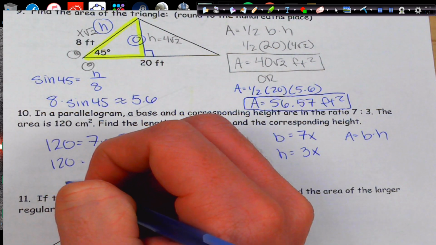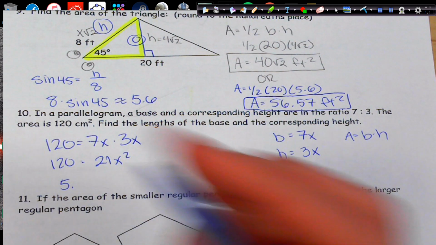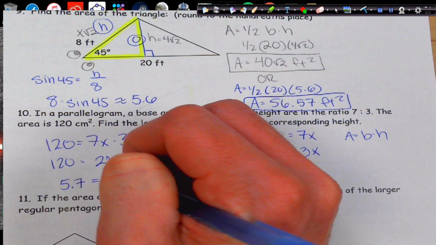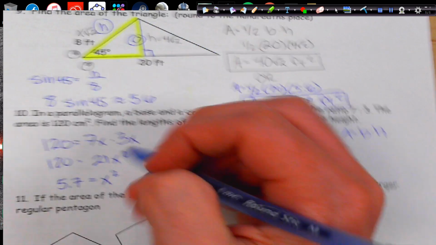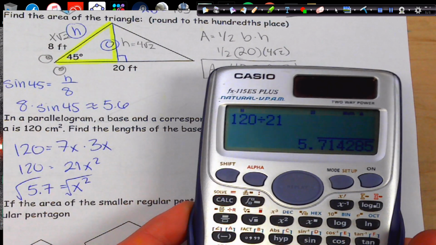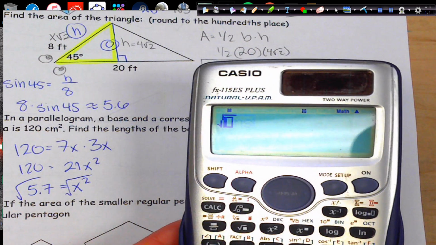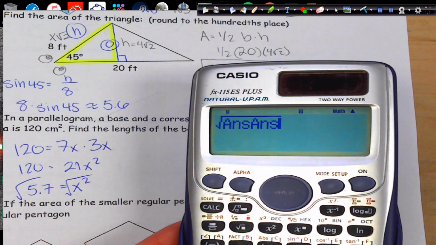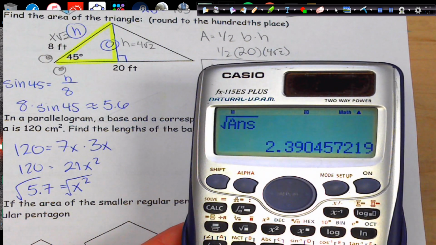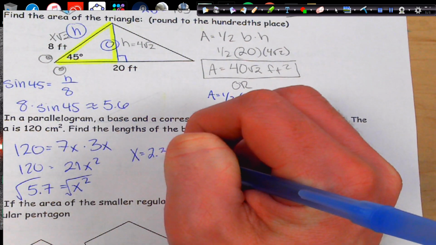If you're using your calculator, you're going to get about 5.7 equals x squared. Okay? And then we can take the square root of that number. We hit enter, and I get 2.39. So x equals about 2.39.